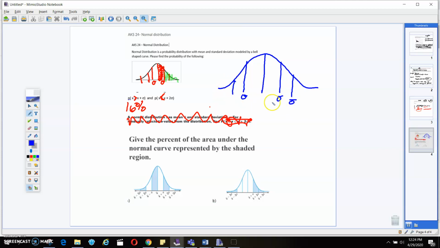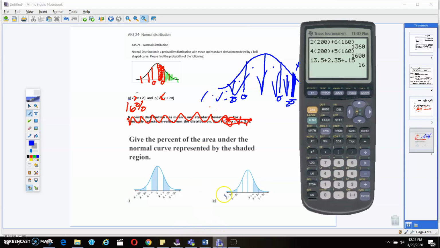Now it wants everything that's below the 2 standard deviations above, so we hit right here, and that's x plus the 2 standard deviations. And now we want all this over here. So we've got 13.5 right here, 34 right here, 34 right here, 13.5, 2.35, and 0.15.